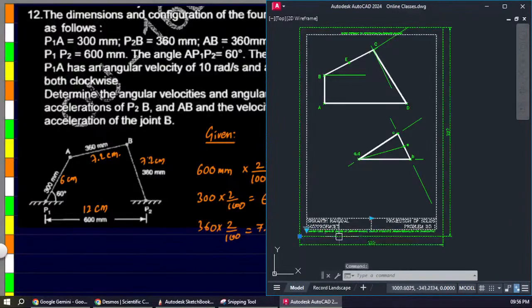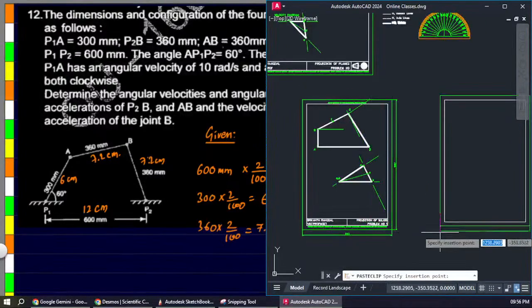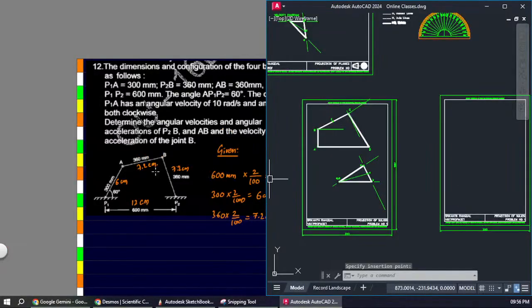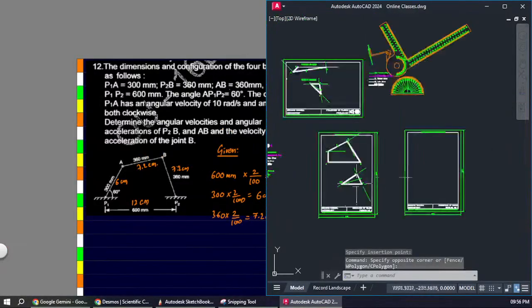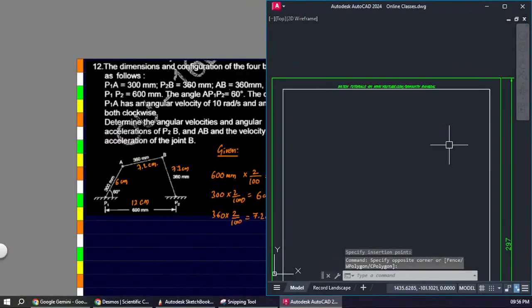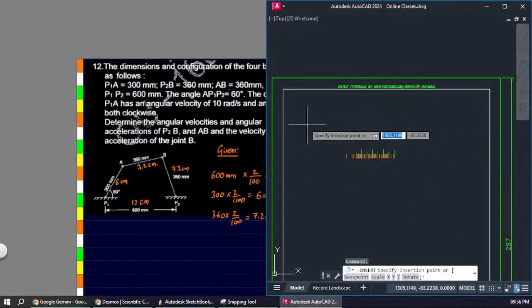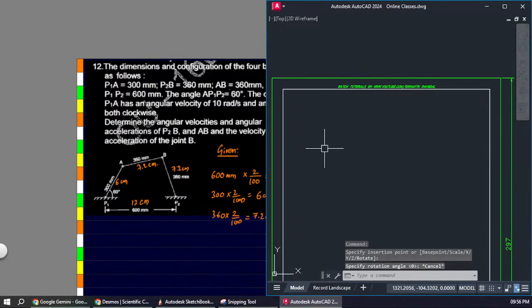So let's quickly go back to our drawing sheet and draw our position diagram. So let me take a copy of this here, and this problem we will do here in this sheet. So let's quickly take our scale over here.